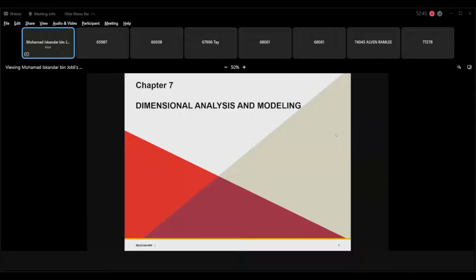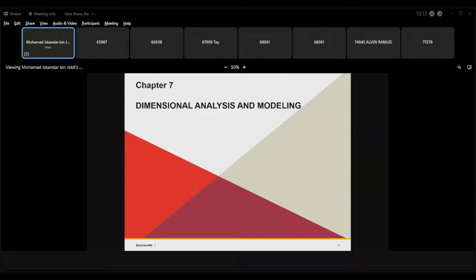Now, as the naming shows, dimensional analysis, we shall be studying about the dimension, fellas. We shall be studying about the dimension as well as modeling because they are strongly related to each other. So that's why you need to understand the dimension. This one is quite a straightforward concept.